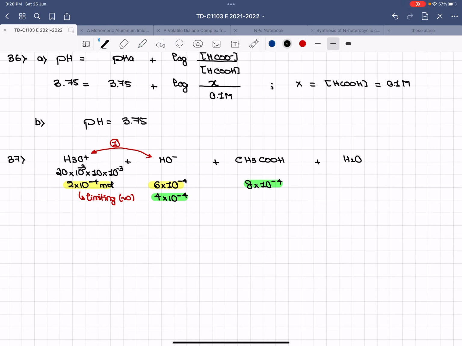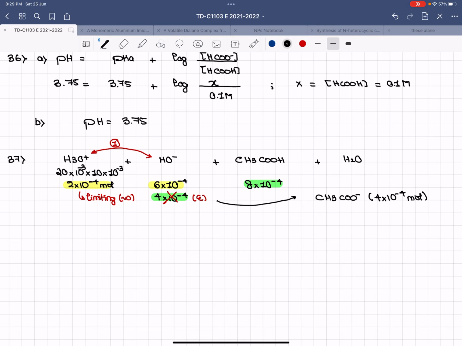Limiting is HO minus. It will disappear, leaving epsilon, and yielding CH3COO minus in a value of 4 times 10 to the power negative 4 moles, not millimoles, sorry.